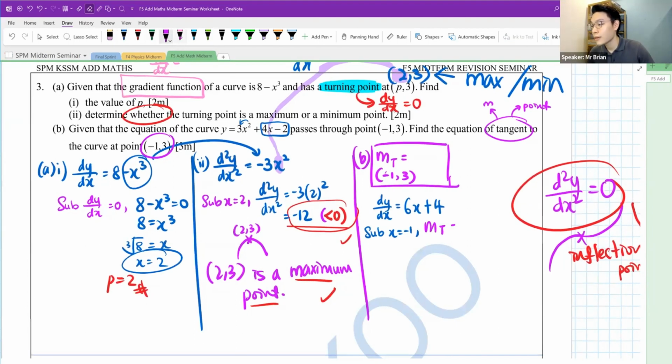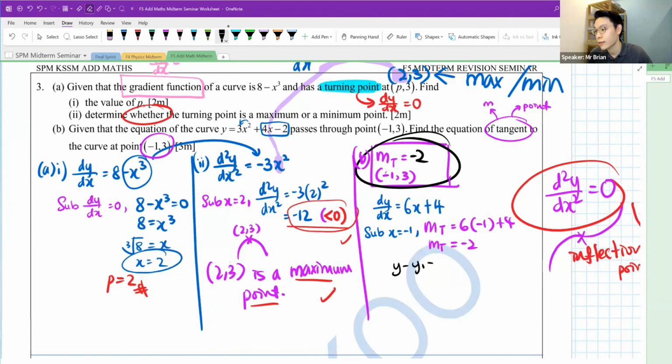My MT or my dy dx will be 6 times -1 plus 4. Okay, we got everything we need. Let's put together in here. I use this for any straight line you did in coordinate geometry before.